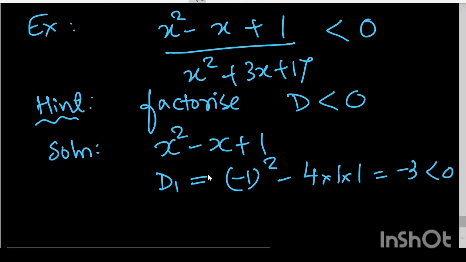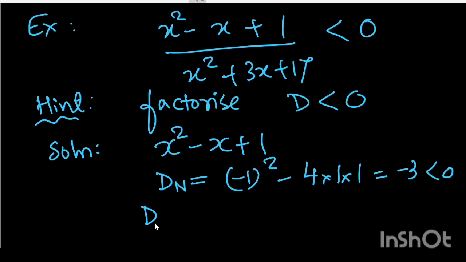In a similar way, the discriminant D2 of the denominator is again b² − 4 × 17, whatever it comes out, it is quite clearly negative.